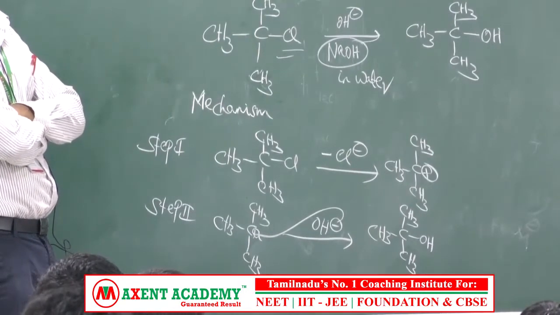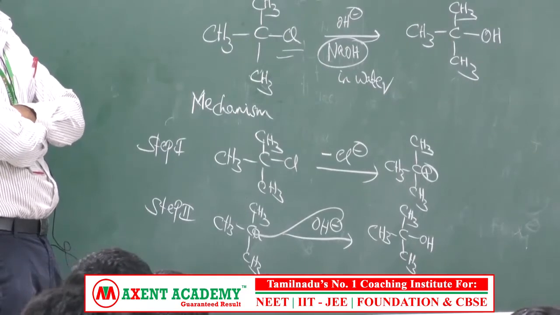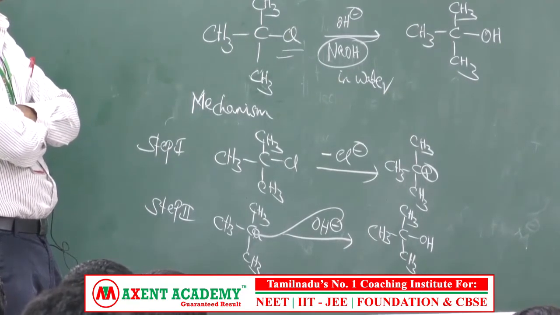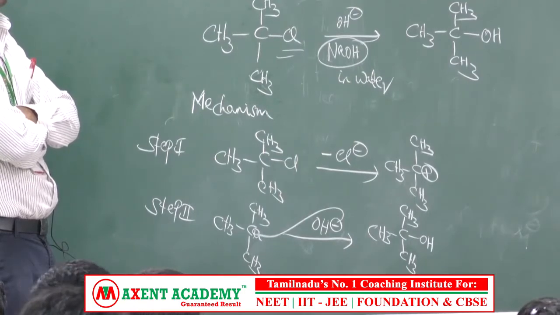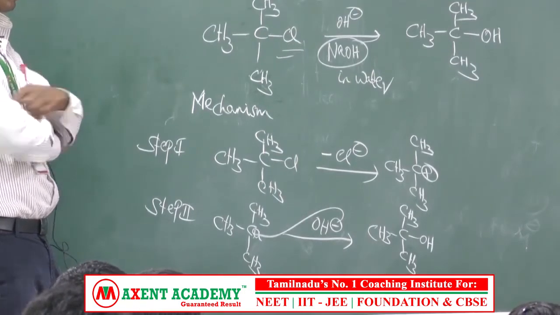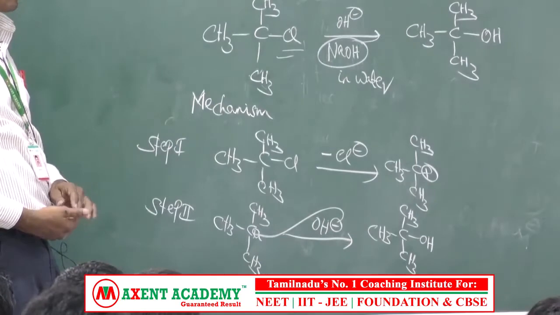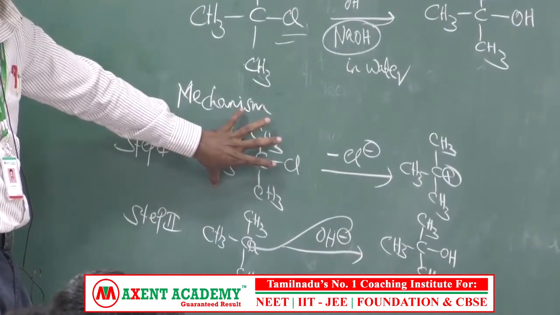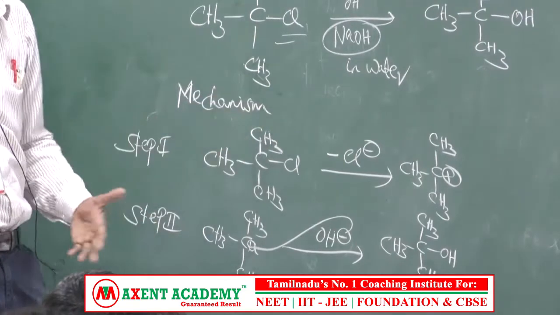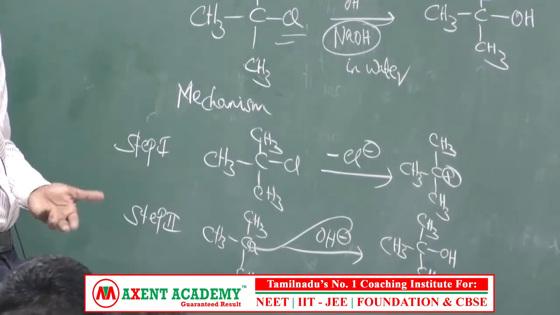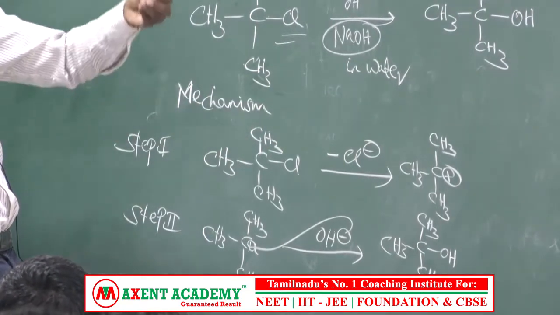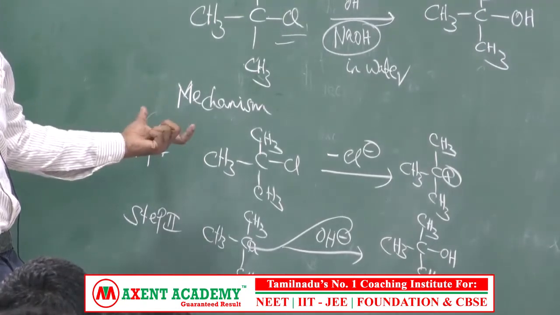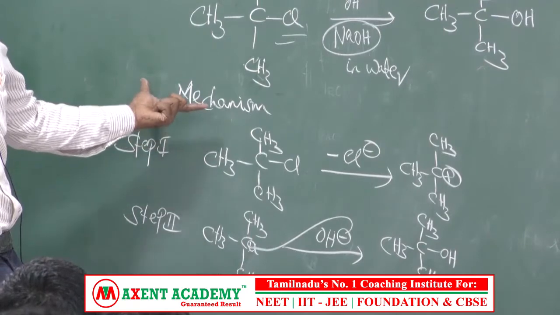Your first step, formation of carbocation, is actually the slow step. Whenever you are making a carbocation, that step is slow, so I consider that step the rate determining step. In the first step, the formation of carbocation depends only on the concentration of alkyl halide. When the reaction takes place in more than one step, you have to consider only the slowest step, not all the steps.